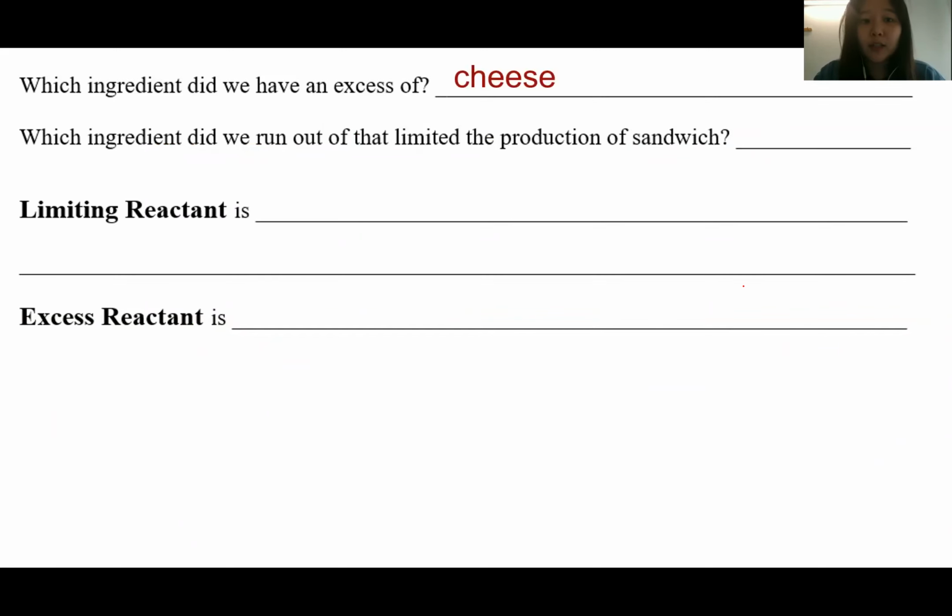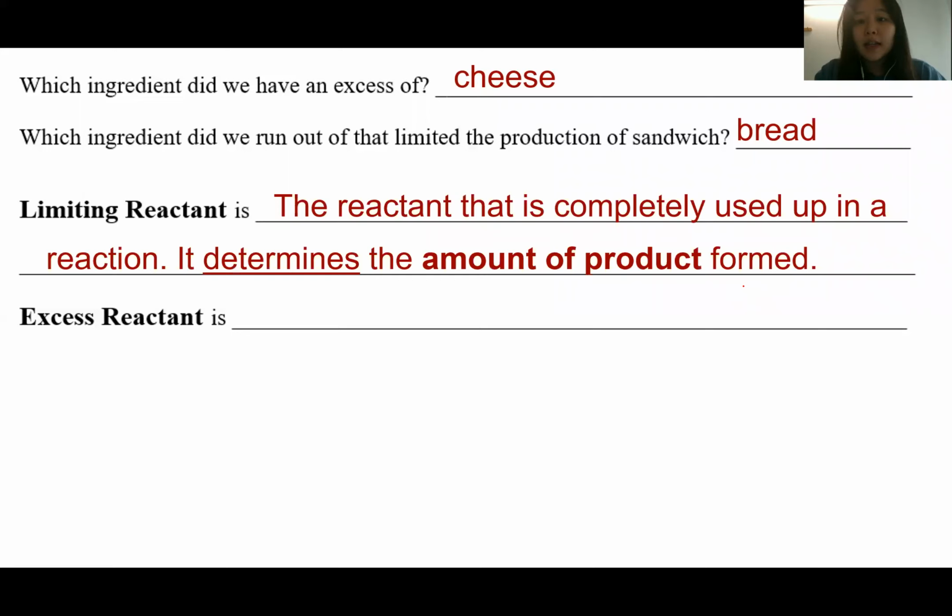And which ingredient do we run out of that limited the production of the sandwich? The bread, right? We ran out of bread and we had cheese left over. So the limiting reactant in this case is the reactant that is completely used up in a reaction. It determines the amount of product formed.